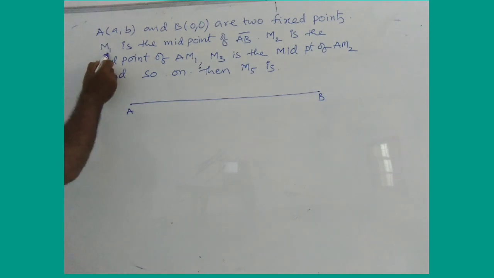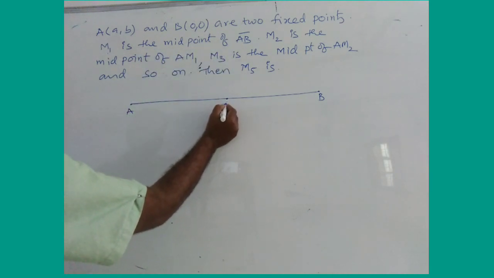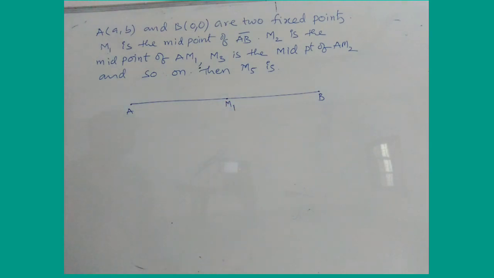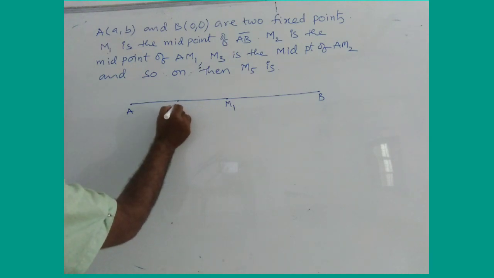Moreover, M1 is the midpoint of AB. Say somewhere here M1, which is the midpoint of AB bar, and M2 is the midpoint of AM1.